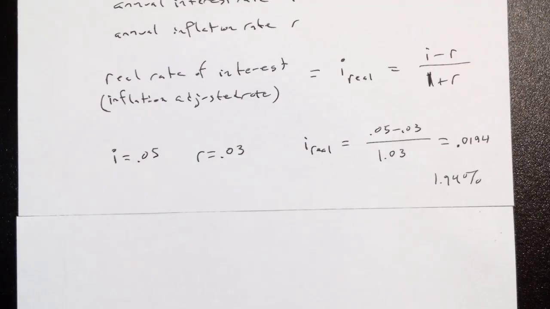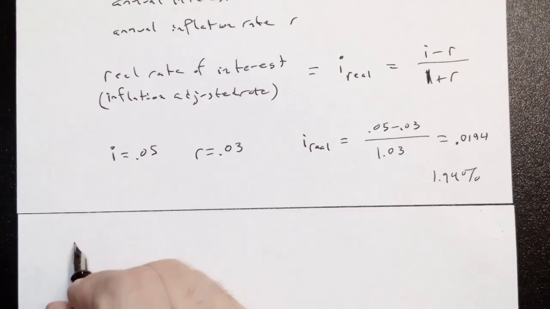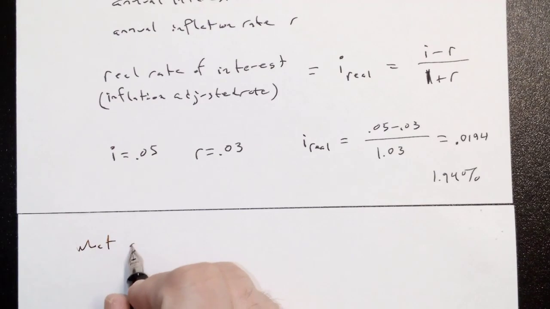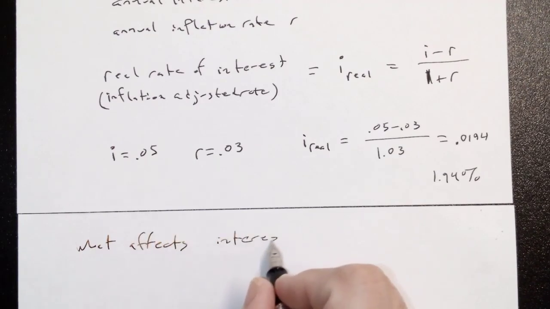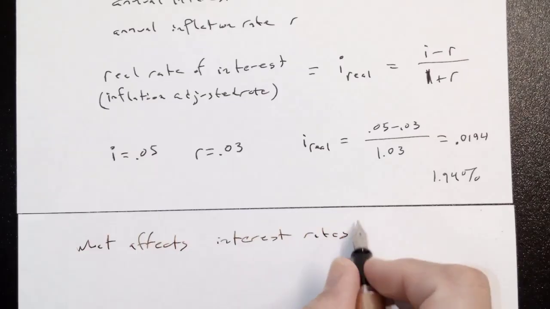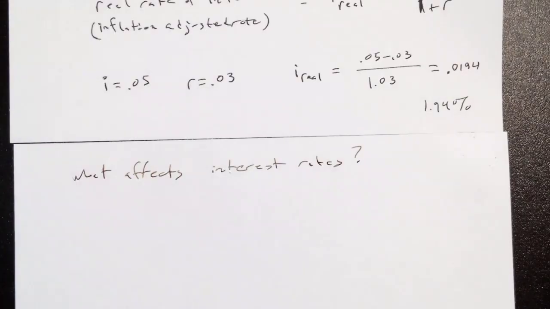So what are the things that can change interest rates? I mean, just ignoring inflation for a moment, let's just talk about the interest rate itself, because that's decidable.